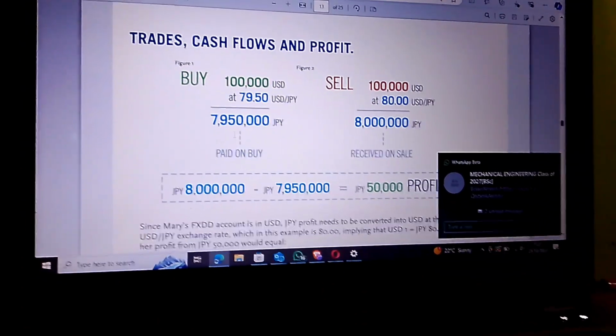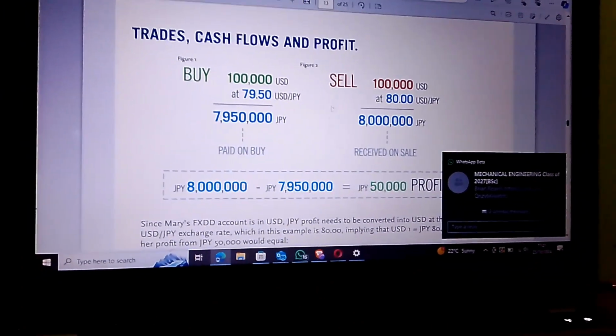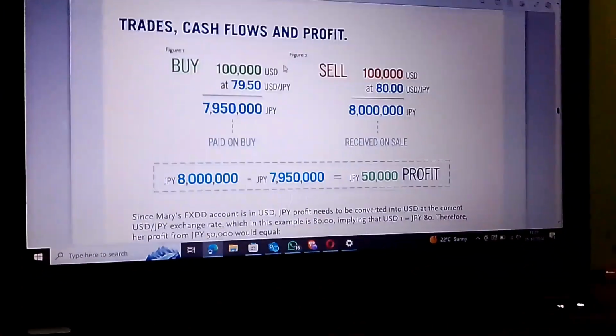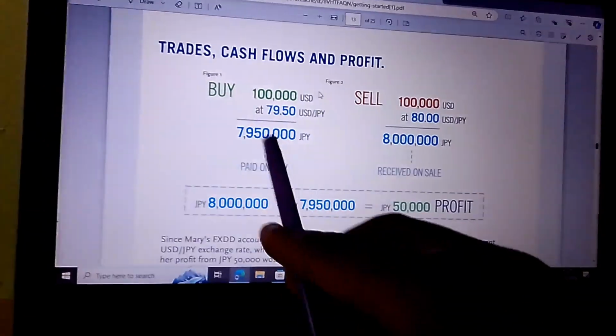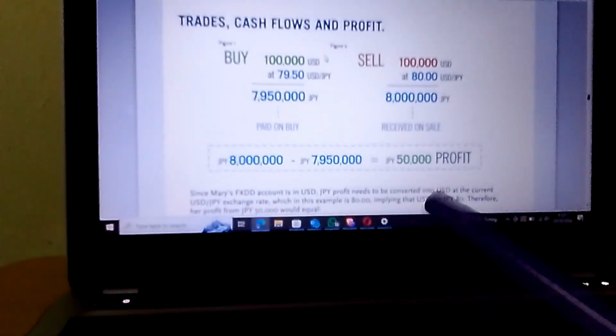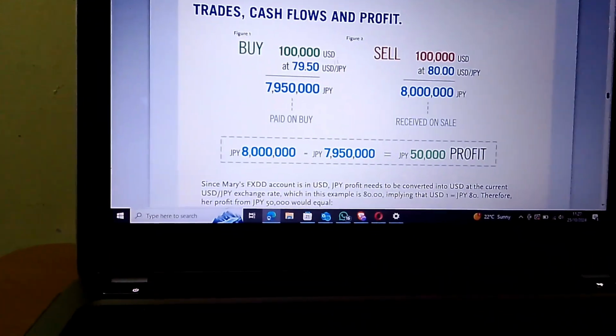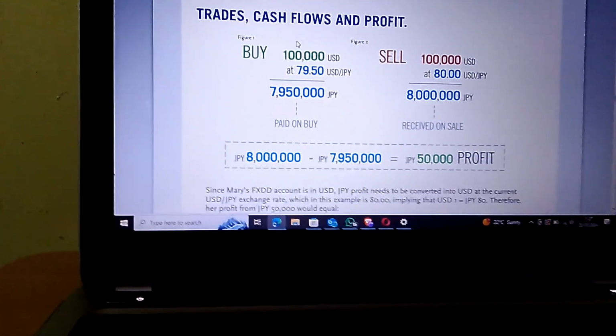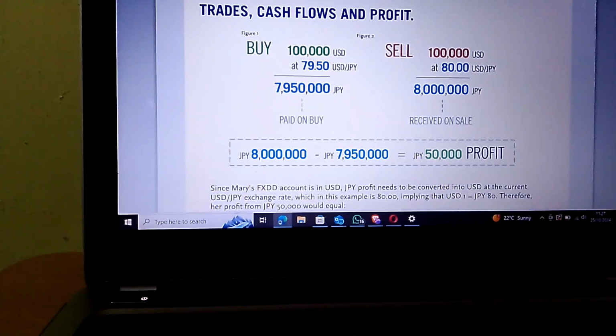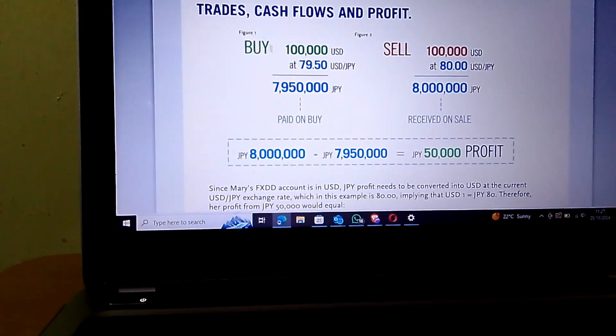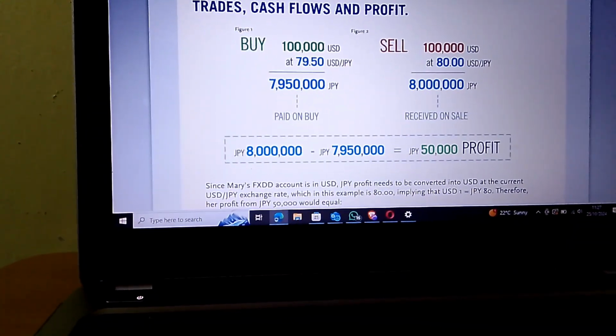Okay, so this is figure 1 that we had gone through, and now this is figure 2. Remember she only used 2,000 to hold a position of one lot, which was 100,000.